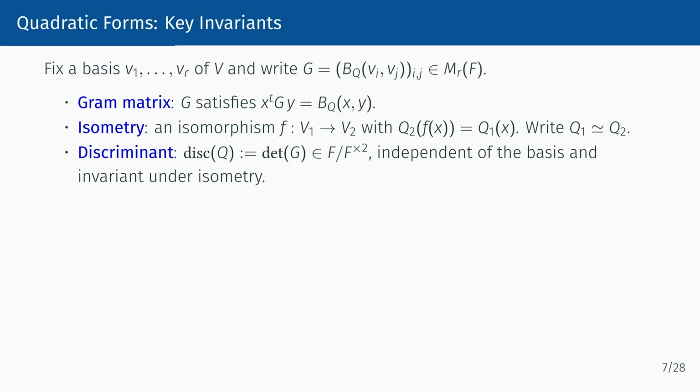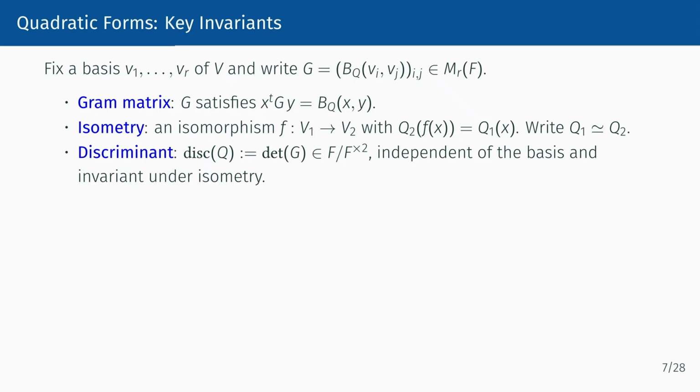So there are several things that are related to such a quadratic form, some key invariants. There's the Gram matrix, which is the matrix representing this form with respect to a basis, the same matrix M we've seen earlier. There's the notion of an isometry, which is the same as the integral change of variables we've seen earlier. So an isomorphism between two quadratic spaces that preserves the values of the quadratic form, so sends elements of a certain length to elements of the same length, is an isometry, preserves distances.